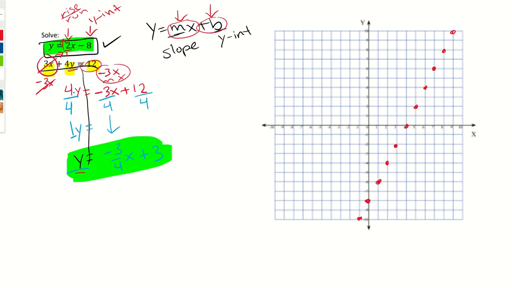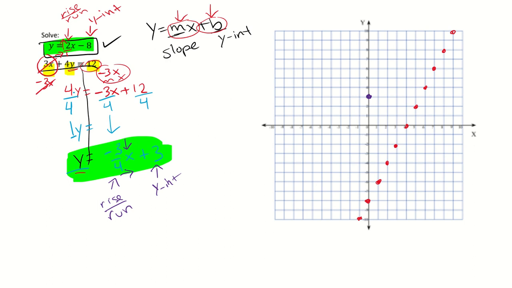All right, let's do the next one. The next one has a y-intercept of 3, so we're going to start at 3: 1, 2, 3. And the slope is negative 3 over 4. So rise over run means negative 3: we're going to go down 3, and then run forward 4.